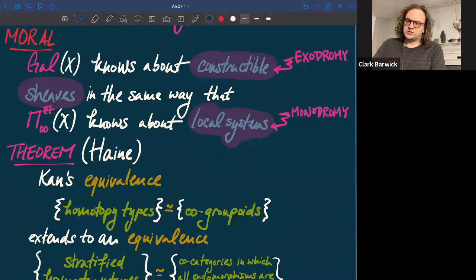The relationship between the Étale homotopy type and local systems is called the monodromy equivalence. And correspondingly, the relationship between Gal X and constructible sheaves is what we call the exodromy equivalence. And I'll show you what's so exo about this story in a moment.